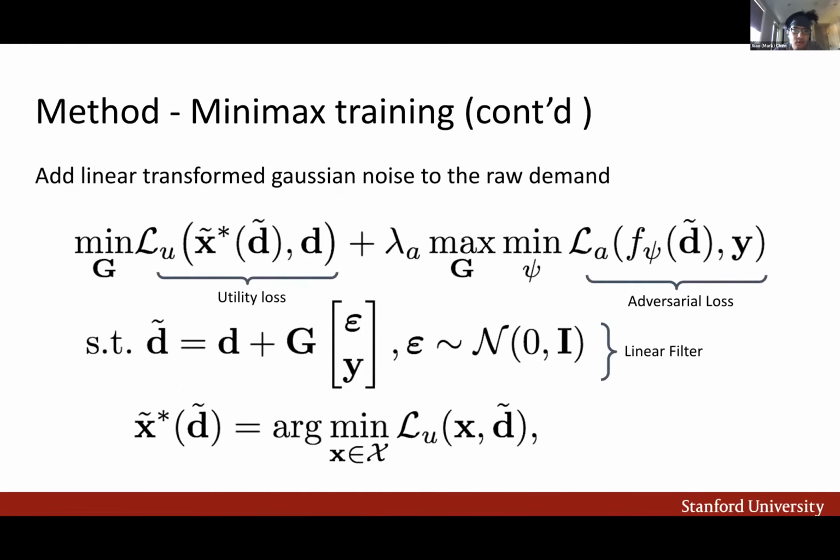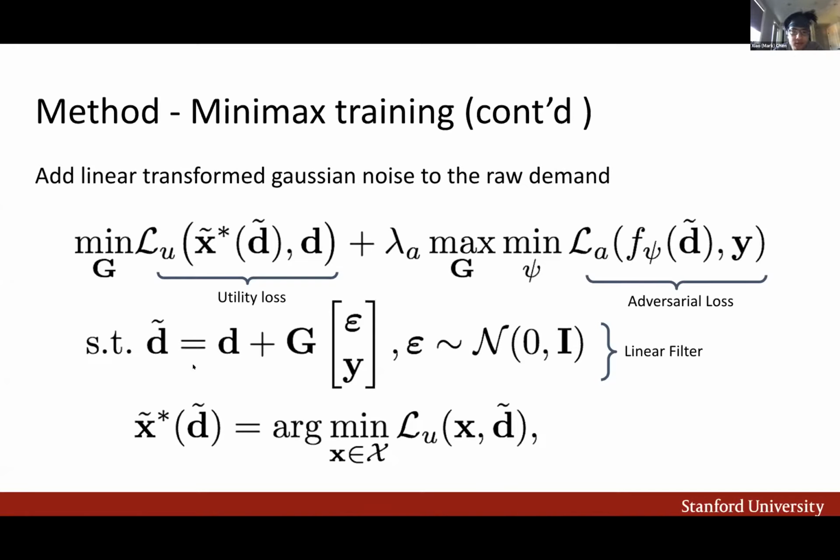So again, here's one of the core parts of the minimax training. The first part is the utility loss, where we pretty much want to minimize the energy cost for the control. The second term of the minimax training is that we want to maximize the adversary loss, where the adversary loss is minimized through this cross entropy.